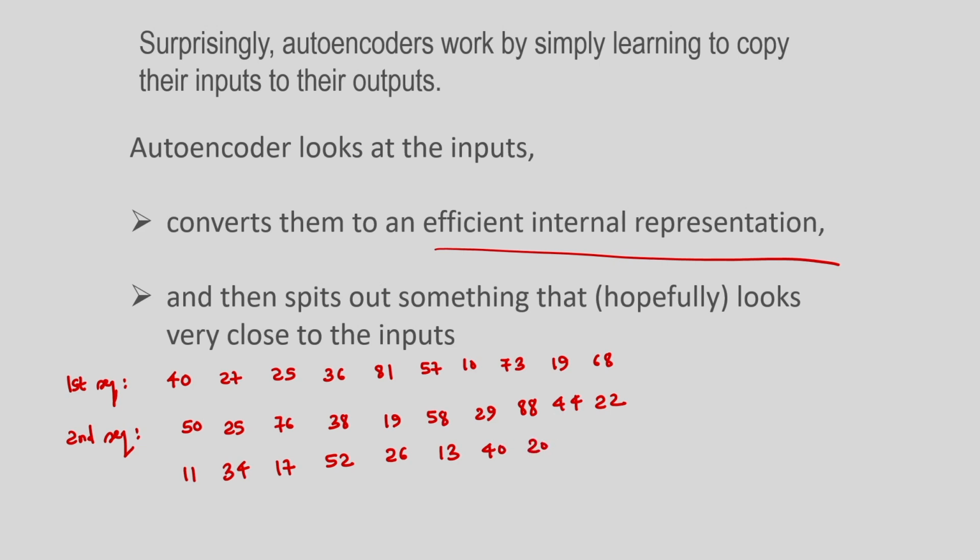So I am considering two sequences. The first sequence is 40, 27 like this, and the second sequence is 50, 25, 76. The question is, which one is the easiest to memorize? The first sequence is the short sequence, the second sequence is the long sequence. At first glance, it would seem that the first sequence should be easier since it is much shorter compared to the second sequence.